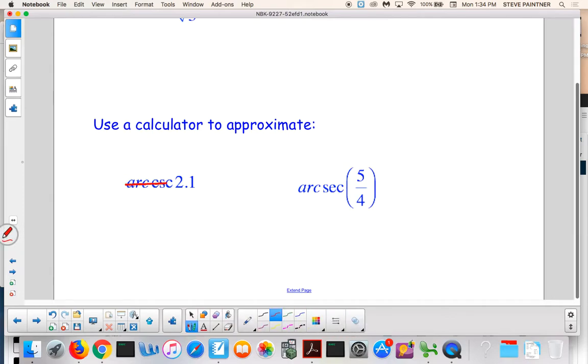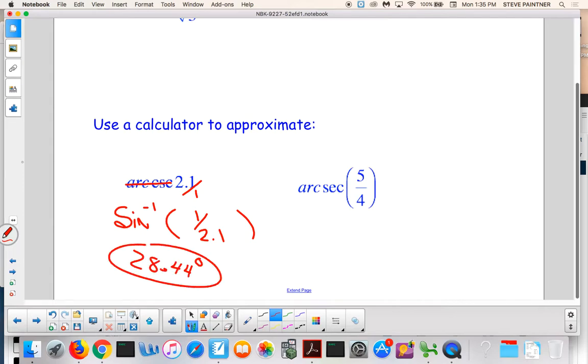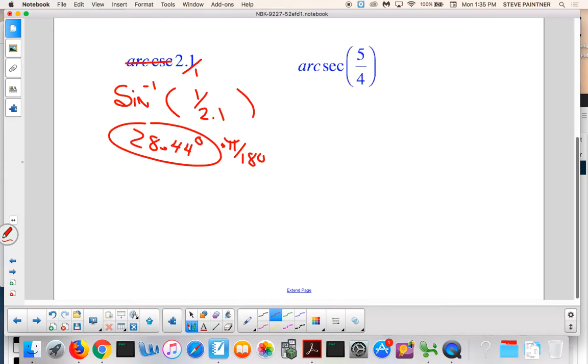Anyways, this one I would do what? Make it sine. Inverse sine of, and I would remember that that's a ratio, flip it, 1 over 2.1. Now I got another ratio, punch it in, 2844 you said, right guys? Then I asked Chris, how'd you change it to radians? Did you do this, times pi over 180? But he just originally had his calculator in radians from last time.